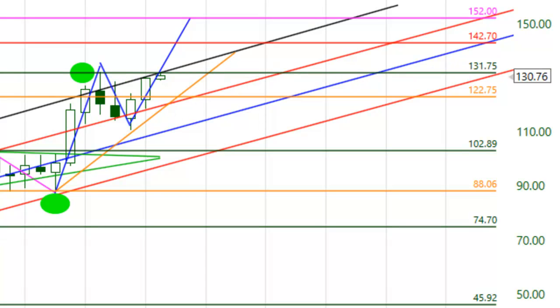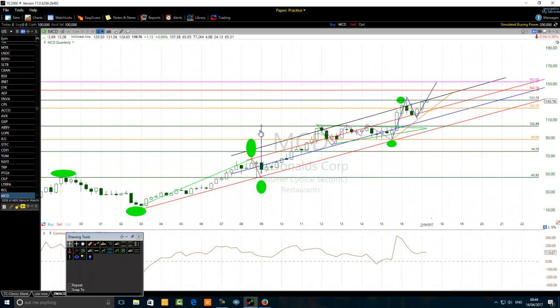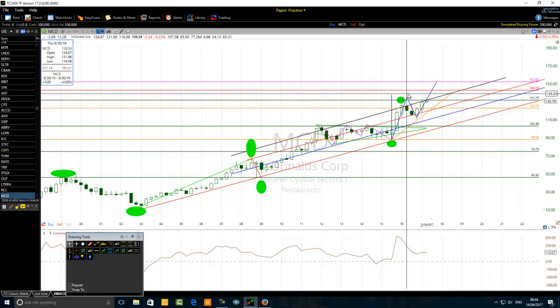But now let's use the magnitude of the third Elliott wave. So this is the magnitude of the third Elliott wave from the low to the high. Now we put it at the low of the fifth wave. It's also below the 142.70.